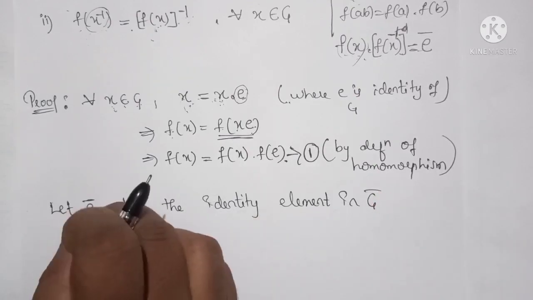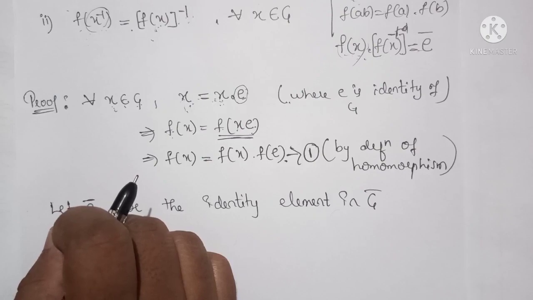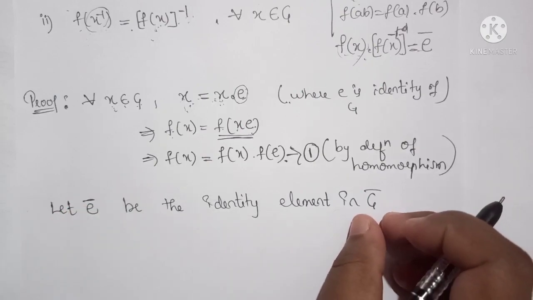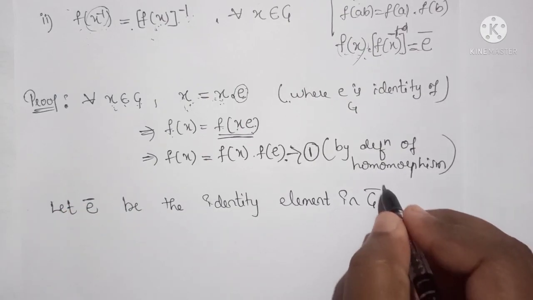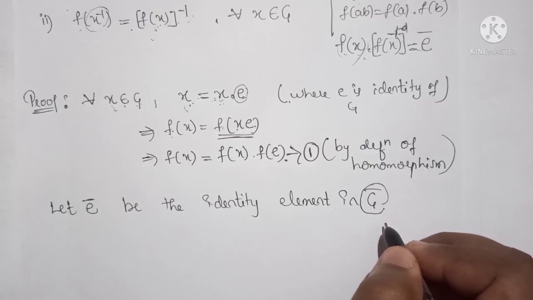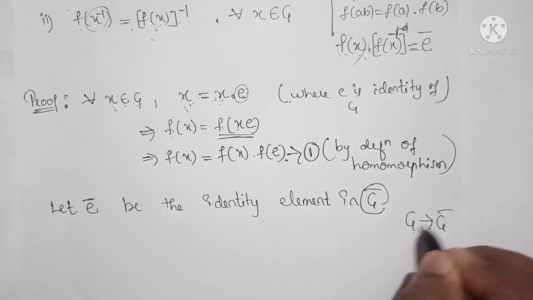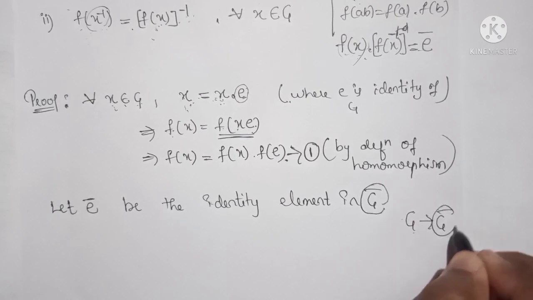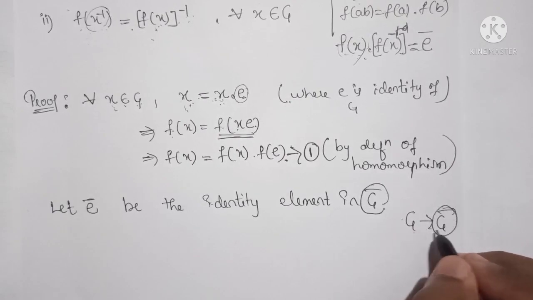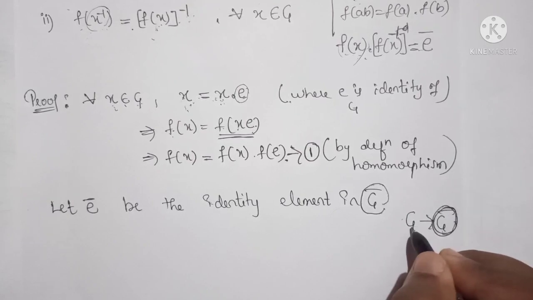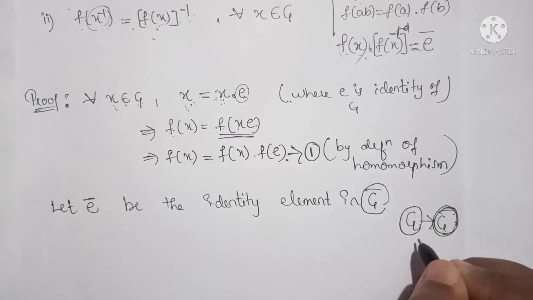We can operate this e bar with any other element of G bar, and we know that G bar contains all the images, because we have a homomorphism from G to G bar, meaning this G bar contains all the elements such that these are the images of elements from this G.